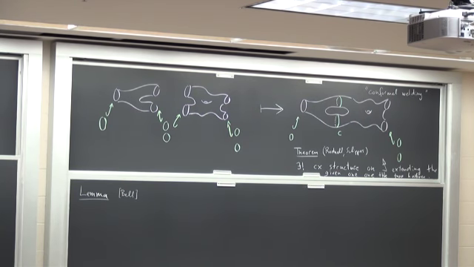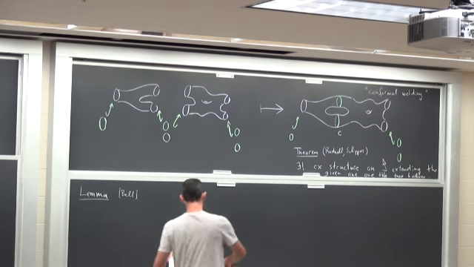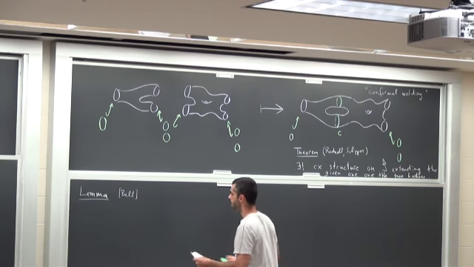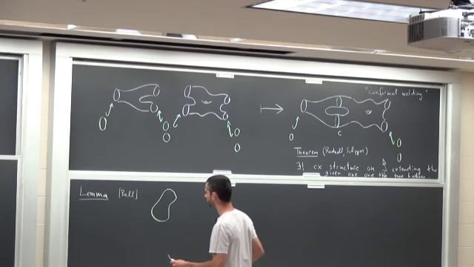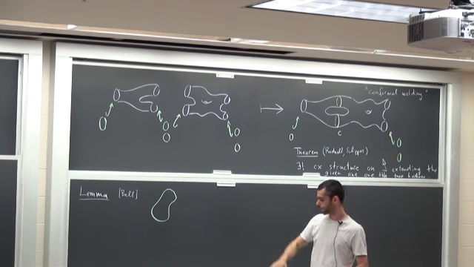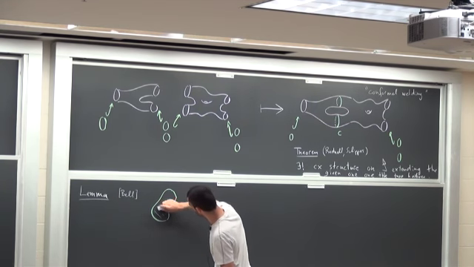The lemma says the following. Suppose I have a disk with C infinity boundary, so a subset of the complex plane with C infinity boundary.